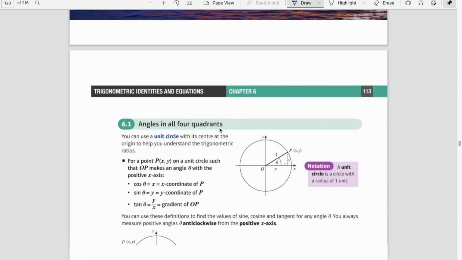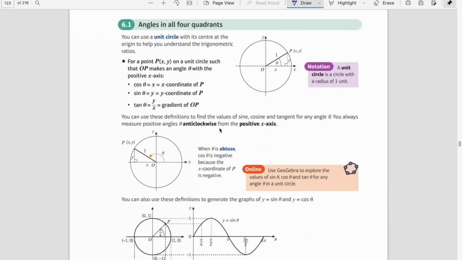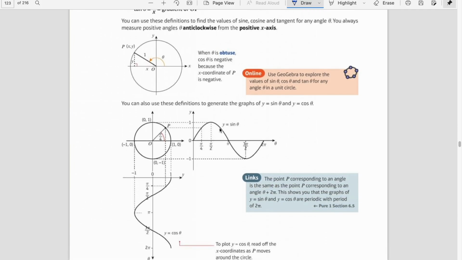Sketching of graphs, and let's see angles in all four quadrants. So we'll be talking about those angles and their values, magnitude and sign. Once we have the basic angle, it stays the same in all the angles and the magnitude stays the same.